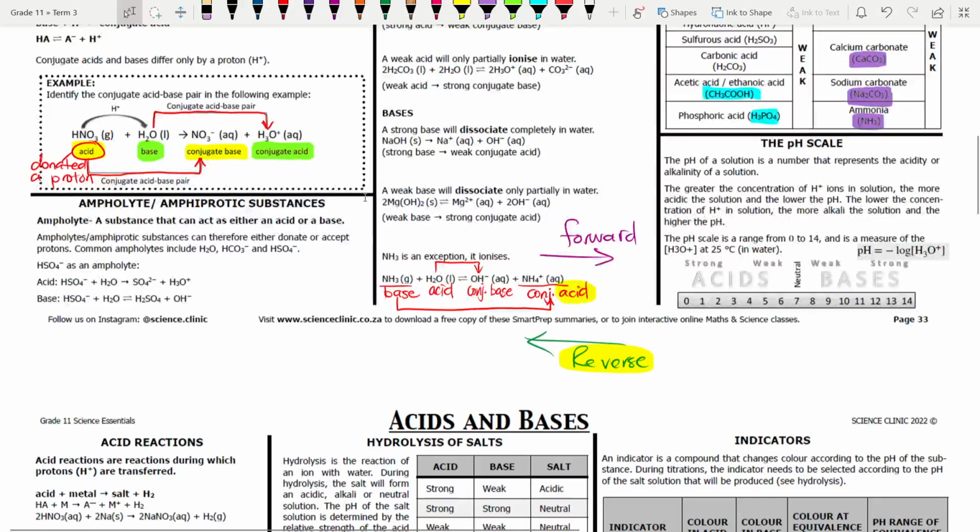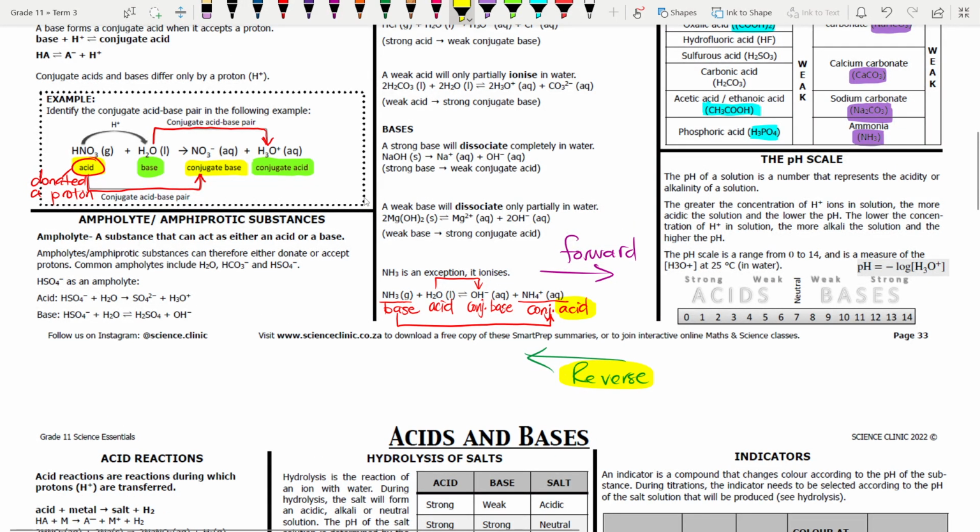Then another very important definition in acids and bases is an ampholyte. This one is always there in the test. It's not an acid-base question if you don't have an ampholyte definition in there. So how do we define an ampholyte? An ampholyte is a substance that can act as either an acid or a base. Simple as that.